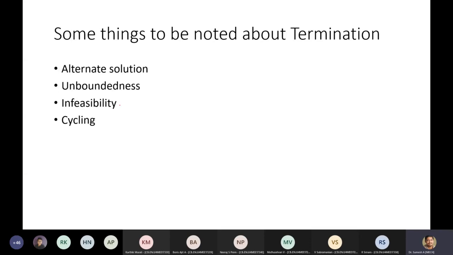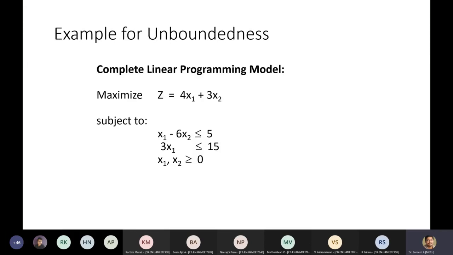Now for unboundness, if you try to plot this on a graph, taking this as x1 and this as x2, if I put x1 as 0, I will get x2 as 5 by 6, a value of point something, and x1 will be 5.